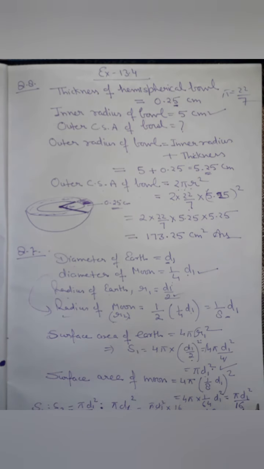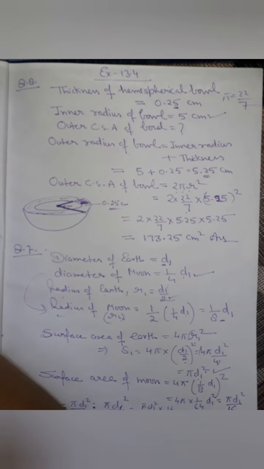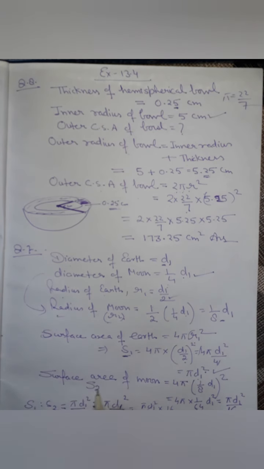Now they are asking ratio of their surfaces. We know in ratio, we see the sequence, as they are giving diameter of moon is approximately 1/4 of diameter of earth. So surface area of earth to surface area of moon. Surface area of earth is S1, surface area of moon is S2. S1 is to S2, value of S1 is pi d1 square, value of S2 is pi d1 square upon 16.